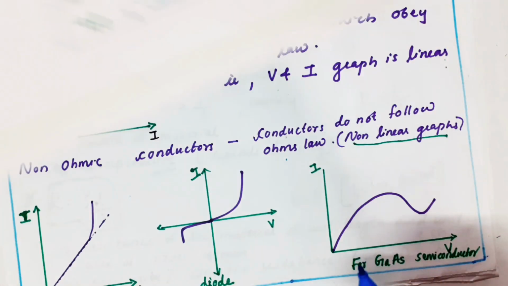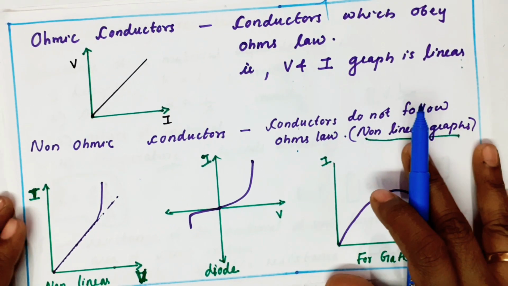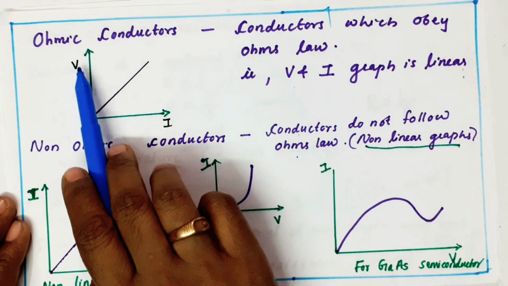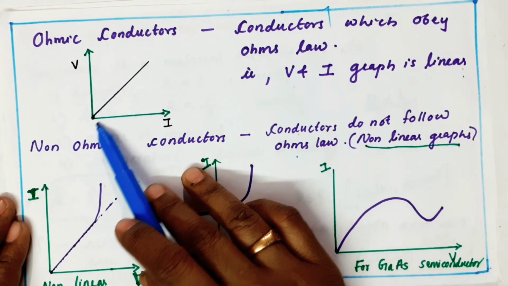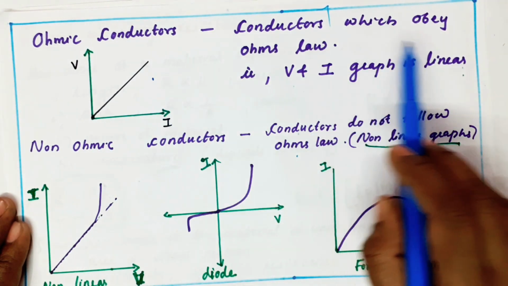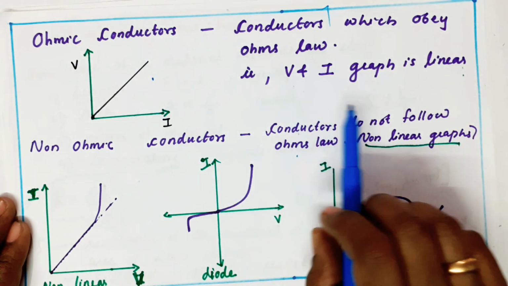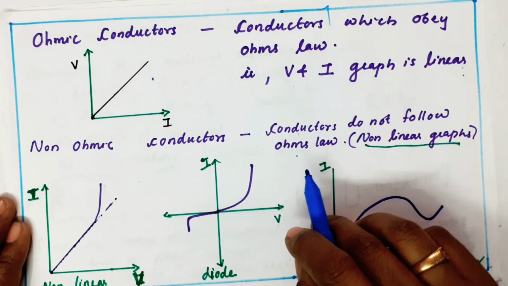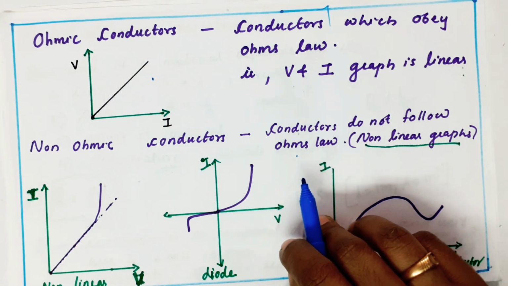Now, this is little additional point only. The material which obeys Ohm's law, we get a straight graph. So V and I are directly proportional means if you draw a graph, we get a straight line. The conductors which obey Ohm's law are called ohmic conductors, and V and I graph should be linear. Okay, you may think like that is there any other element?